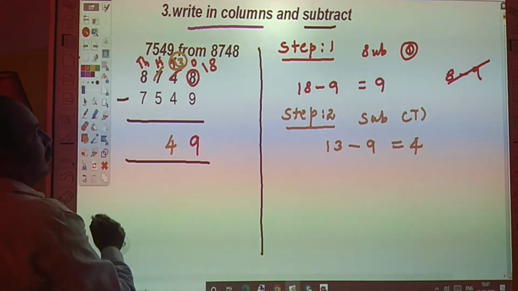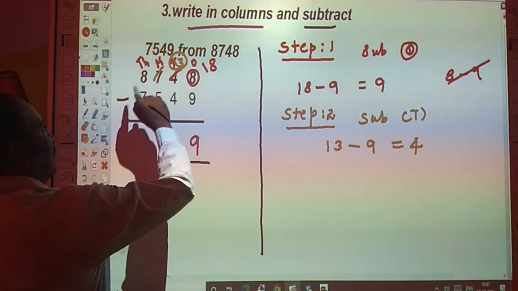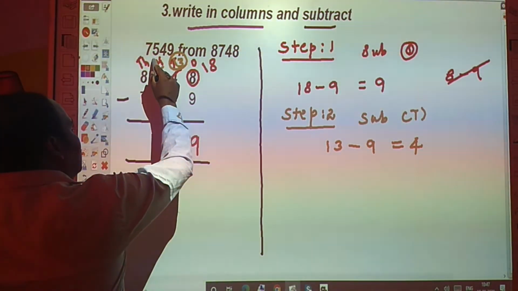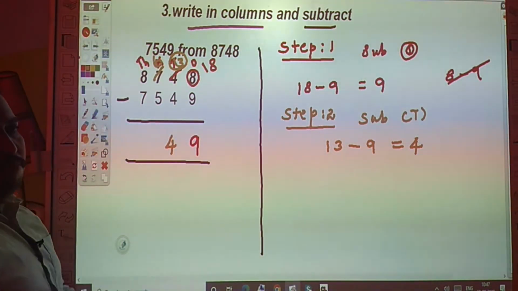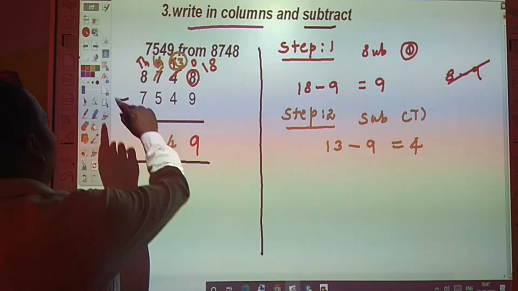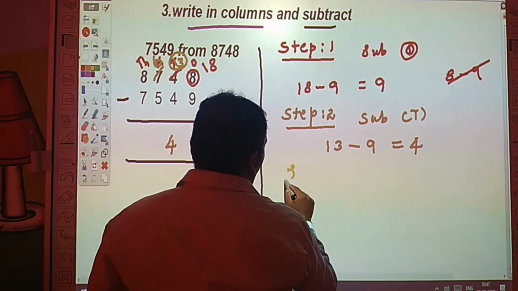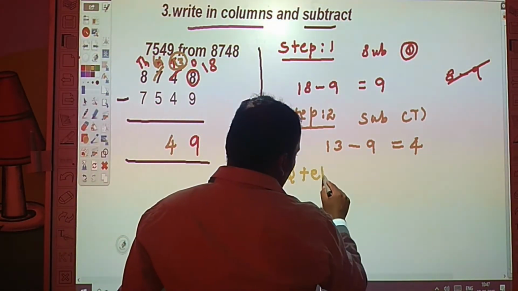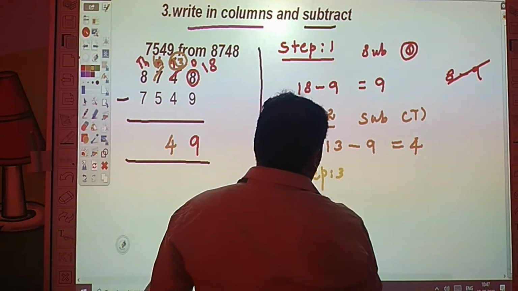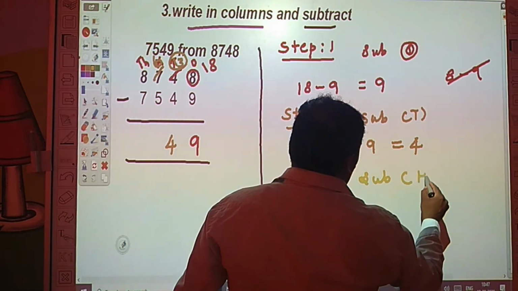Listen here. You borrowed 100, so 7 minus 1 is equal to 6, meaning 600. Next, we go to the hundreds place. Step 3. Subtract the hundreds place.